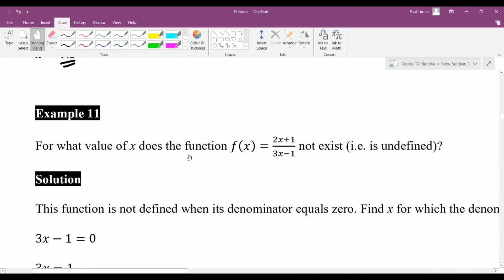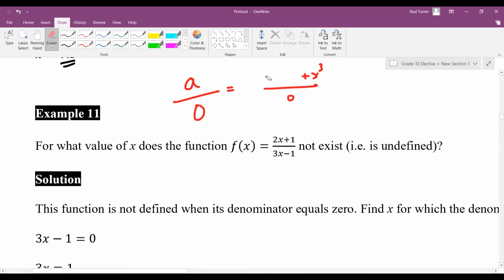For what value of x does the function not exist? Meaning it's undefined. Remember, for this to be undefined, you would be dividing by 0. It doesn't matter what the numerator is. So if it's x plus 3x plus x cubed or whatever, and you divide by 0, this is undefined because you can't divide by 0. If you put it in your calculator, you get error.